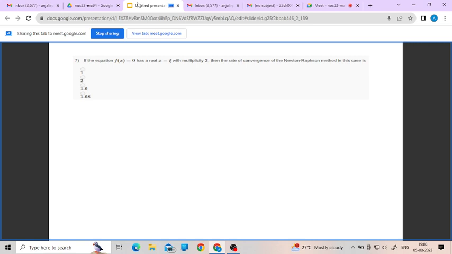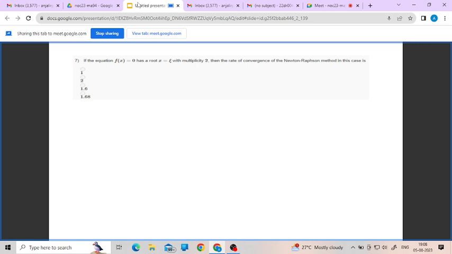Let's see it in an elaborate way. So this is the Newton-Raphson equation, and the equation f(x) = 0 has a root x = xi with multiplicity 2.